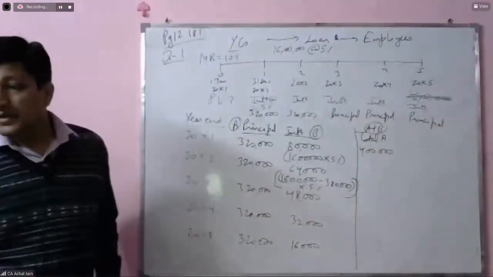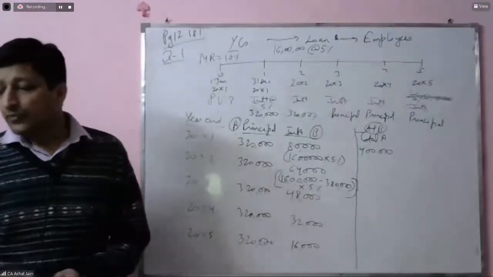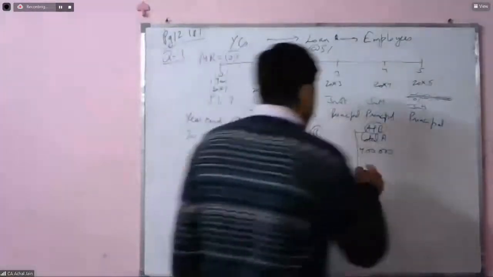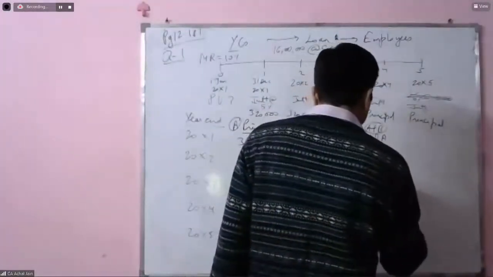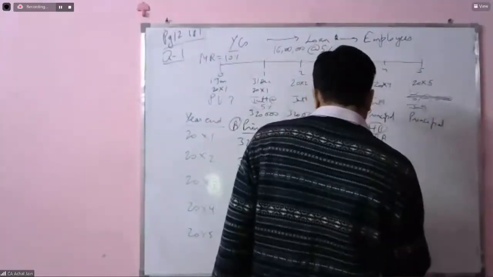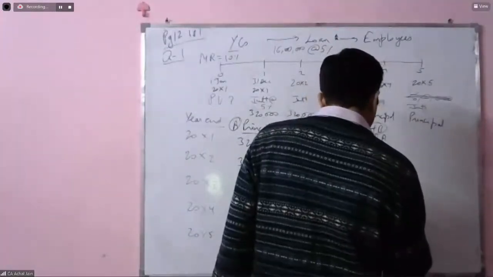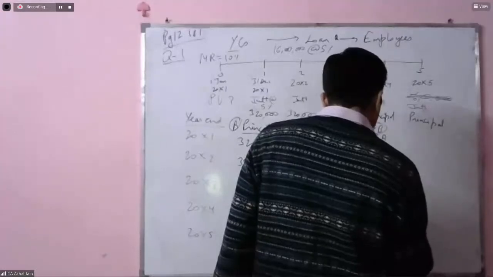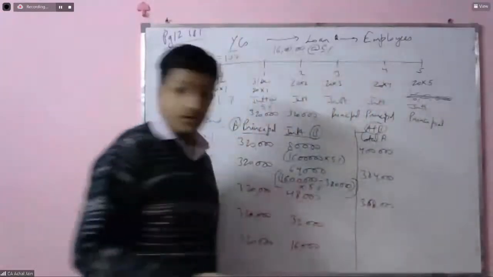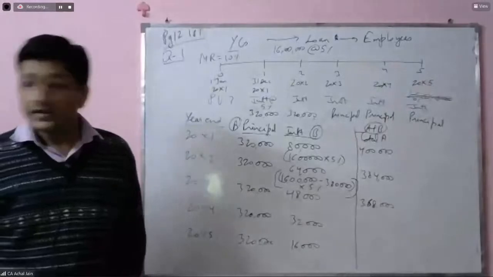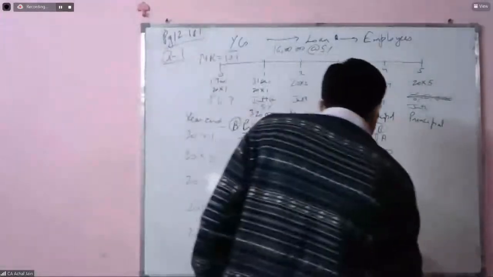Then the next one becomes 384, then 368, which is 3,68,000. Then it is 352, then 336.